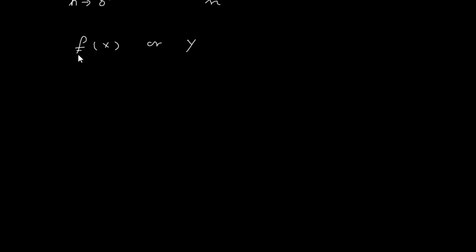So here I am going to use the notation y, and its derivative I can say f dash x or dy upon dx. So for f(x), its derivative is written as f dash x, and if I write y, I will say dy upon dx. So f dash x is the derivative of the function, and dy upon dx is also the derivative of the function.